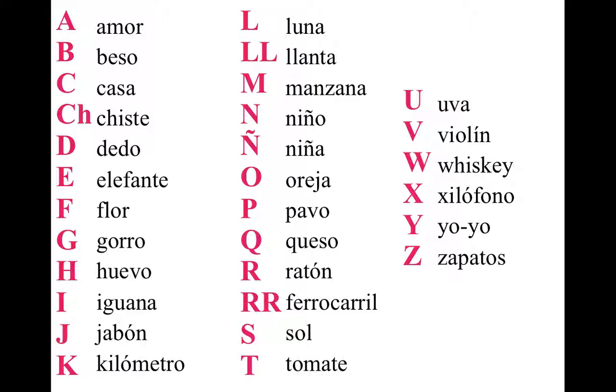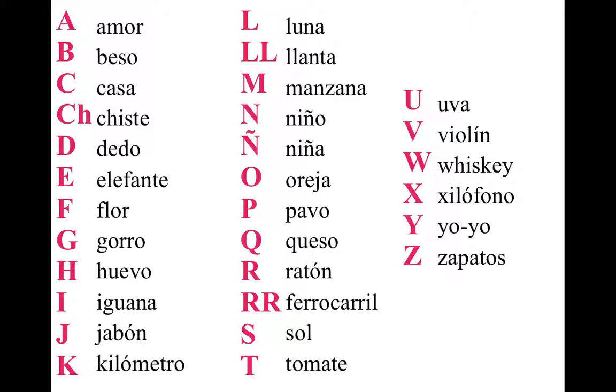K, kilómetro. L, luna. L, llanta. M, manzana. N, niño. Ñ, niña. O, oreja. P, pavo. Q, queso. R, ratón. R, ferrocarril.